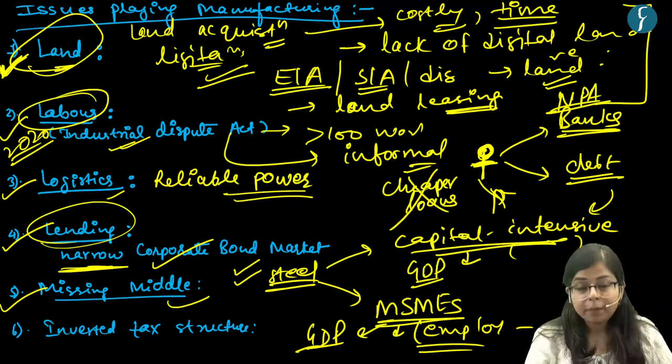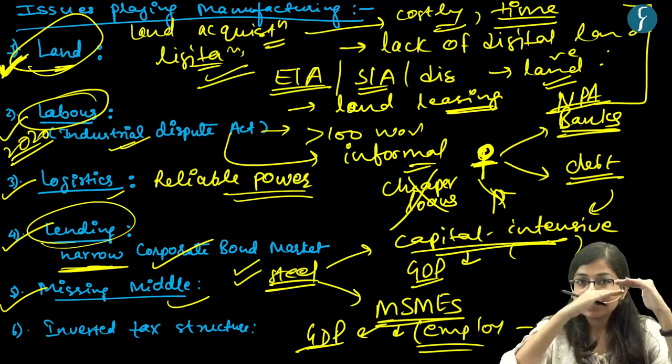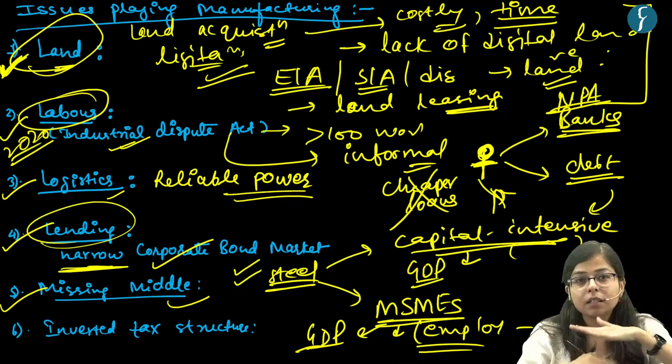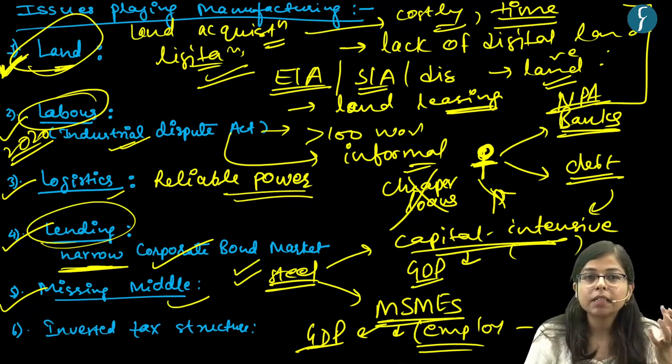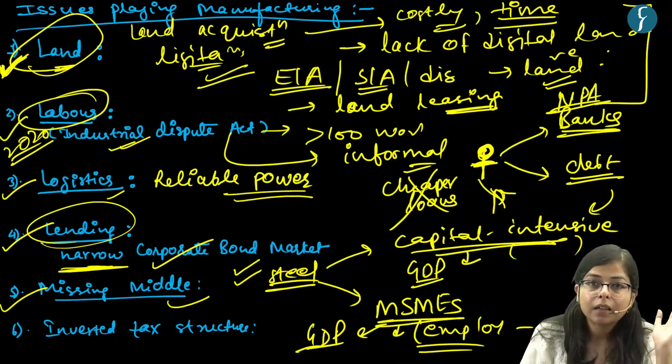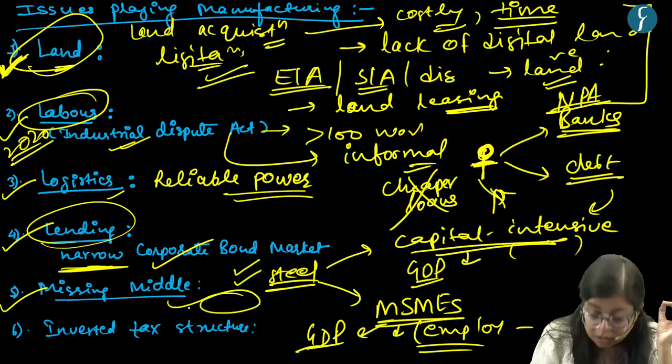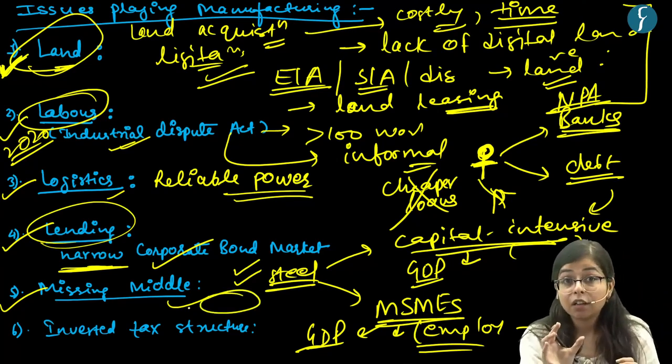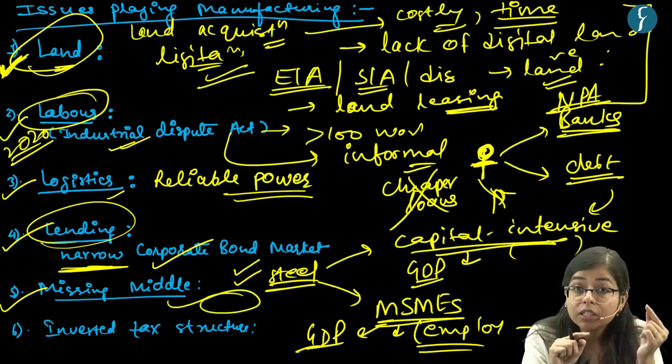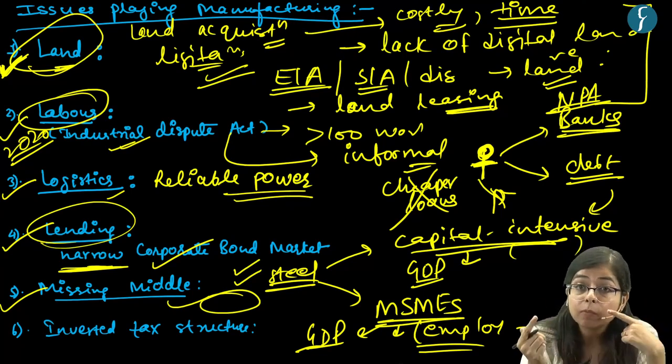Now, in between capital intensive large companies and MSMEs, there is a missing middle. That is, the medium sized companies in the country are missing, right?